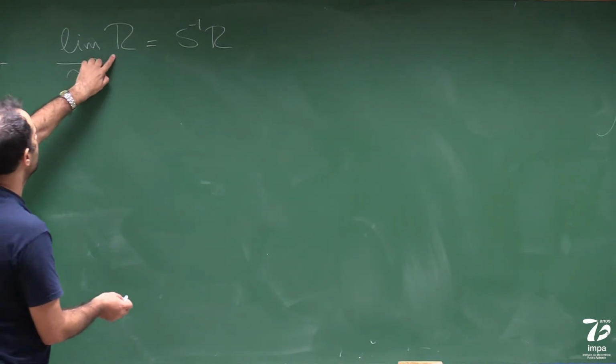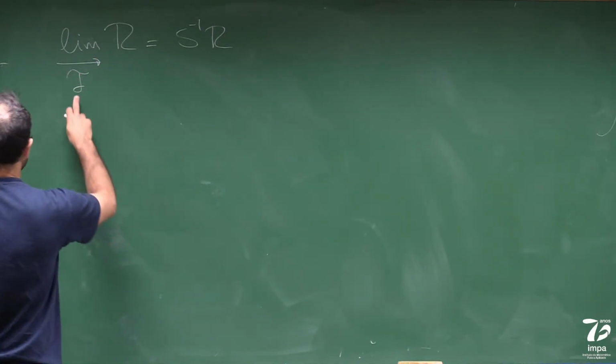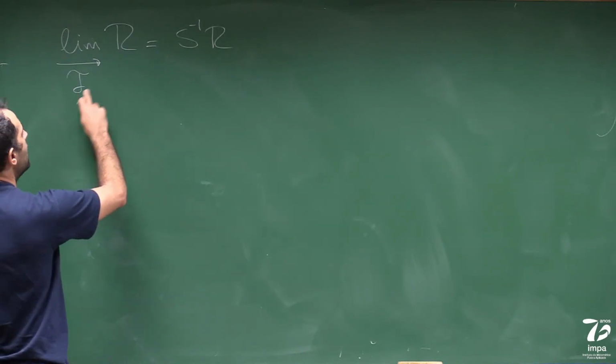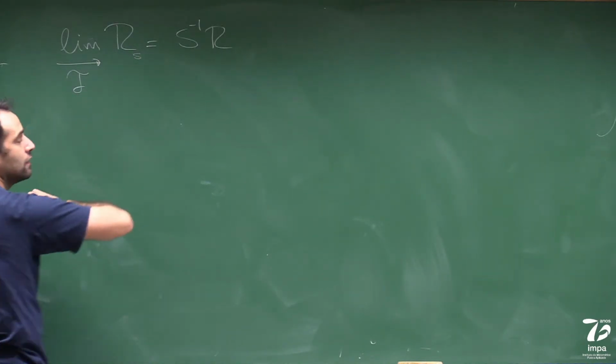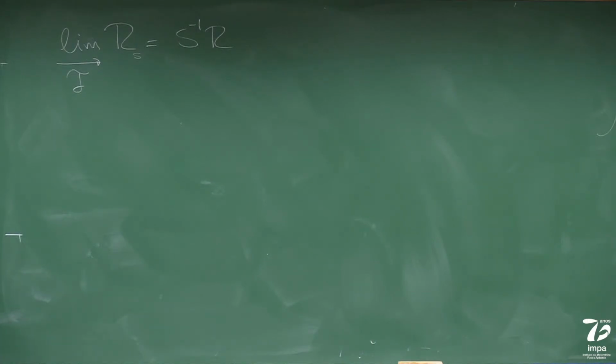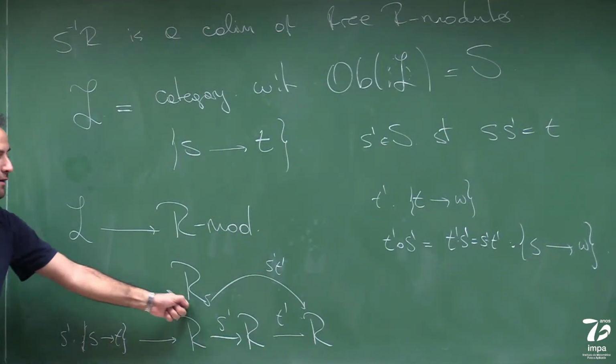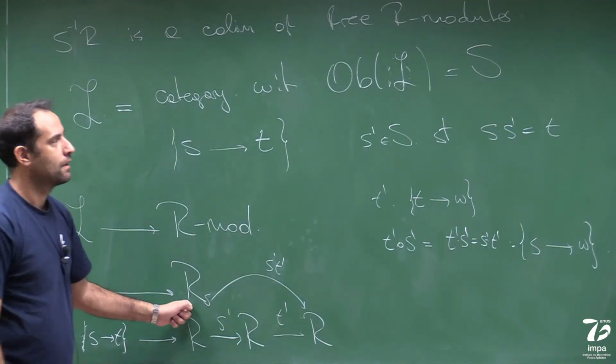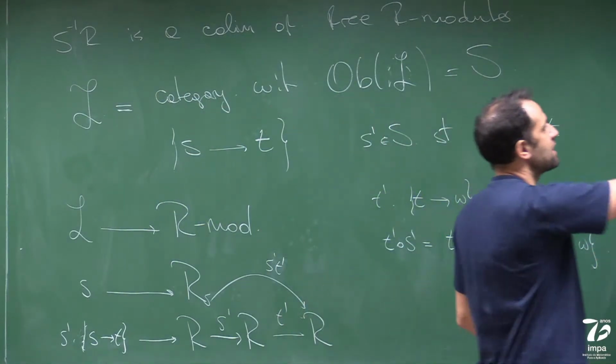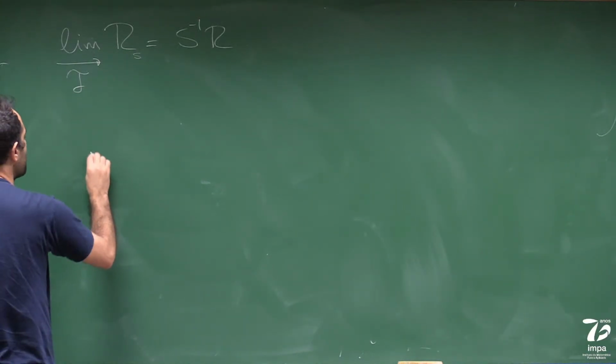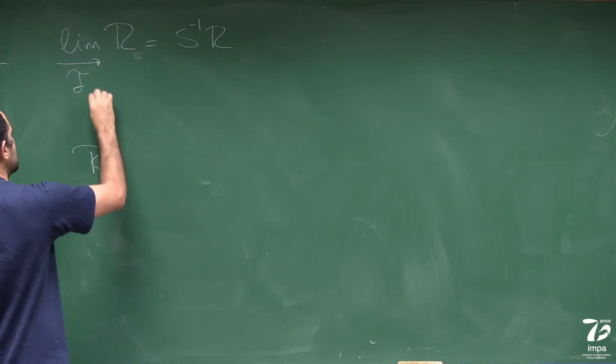Remember, this is a diagram indexed by these objects in this category. So let me put a little S here, this R, I'm just going to label it by S. And for each S, I have such an R_S. So for this guy to be the colimit, this by definition comes with a map from each R_S.